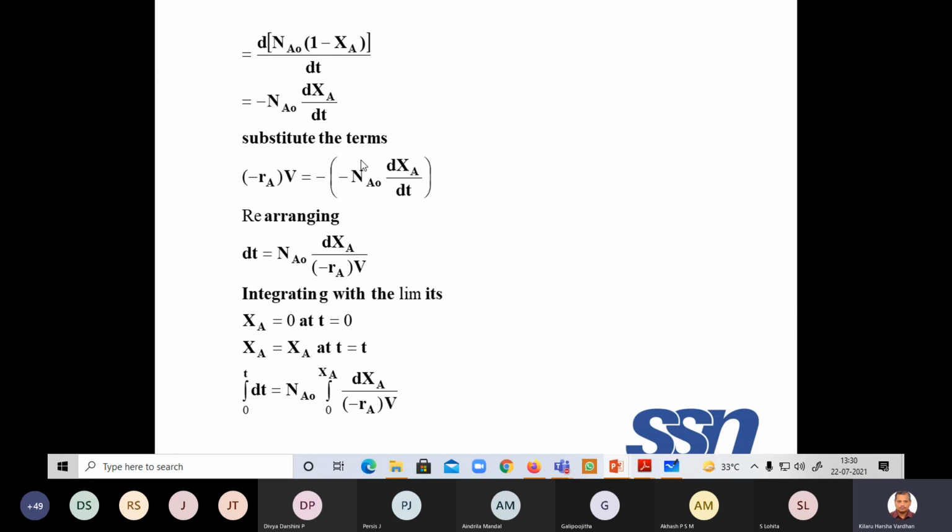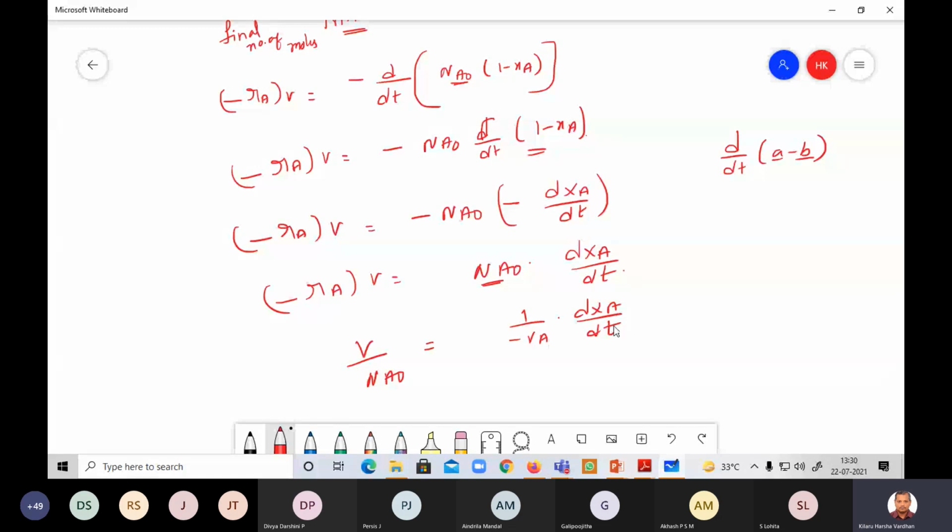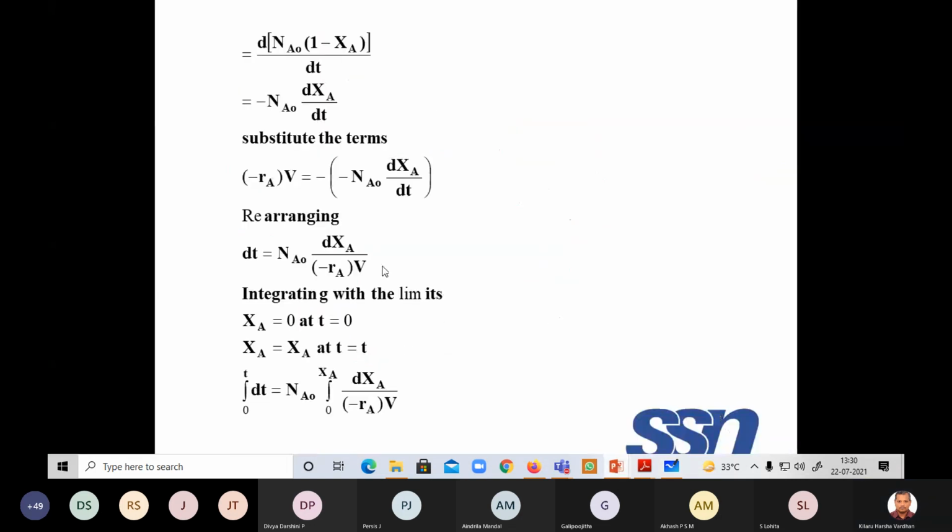This minus into minus becomes positive. If you rearrange, we can write dt. dt is the time for the reaction. We can take it the other way and write it like this: Na naught into dXa by minus Ra into V. Can we do that?